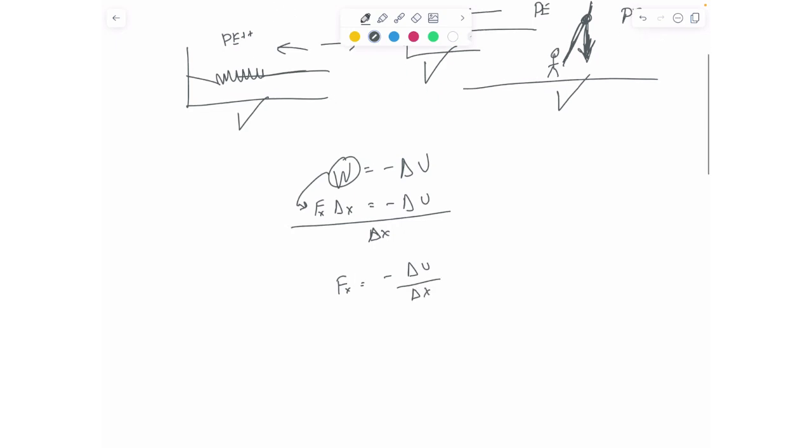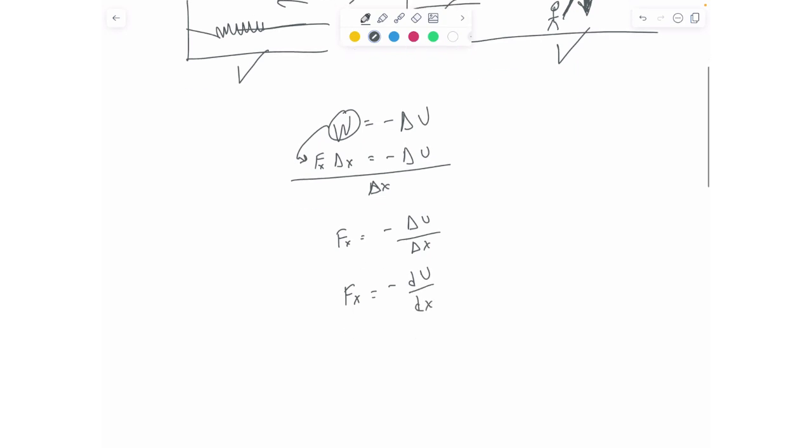Of course, this is over some long duration, but you could make it instantaneous by taking the instantaneous rate of change, and just say F of x, the force in the x direction, is the negative change in U over change in x. This is basically what I was just saying before.